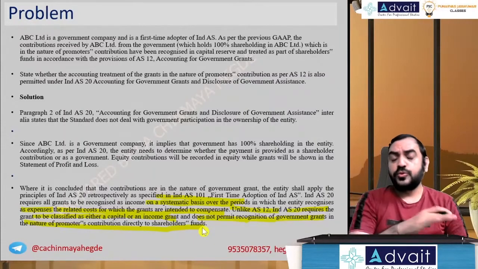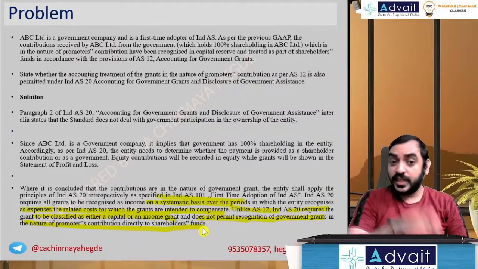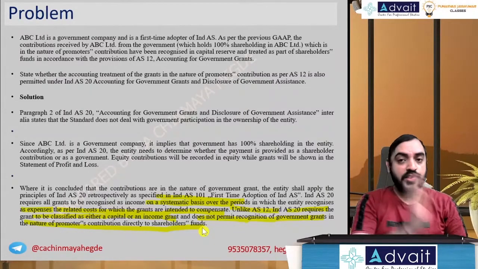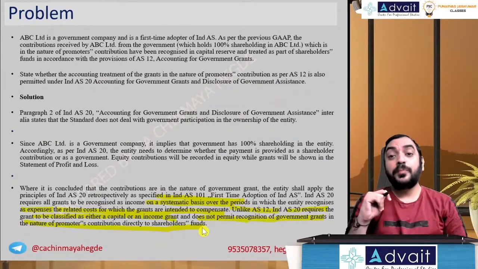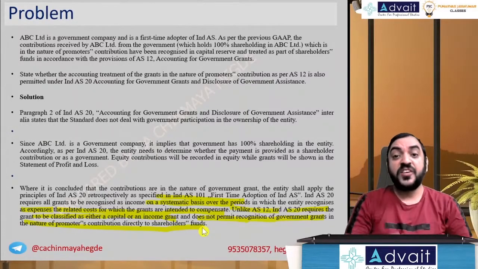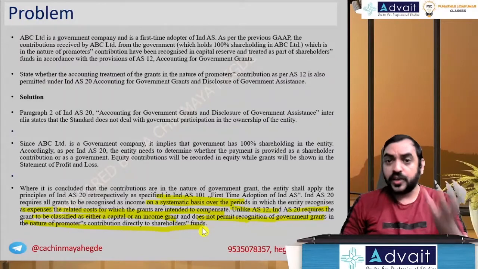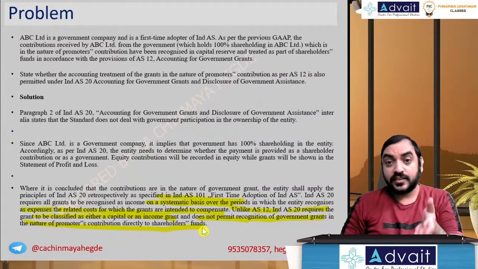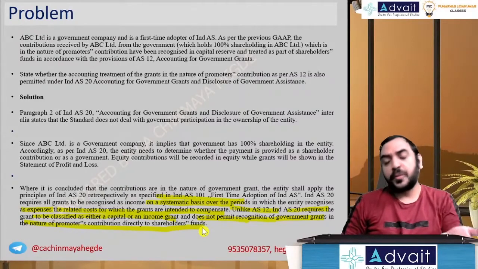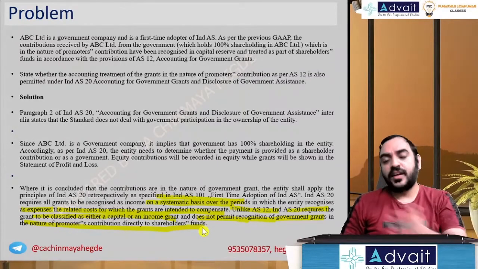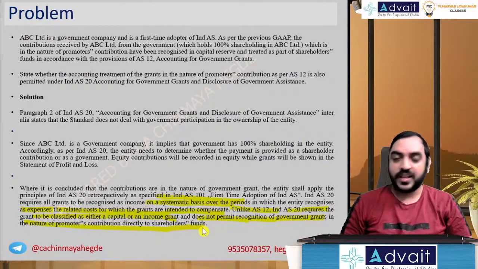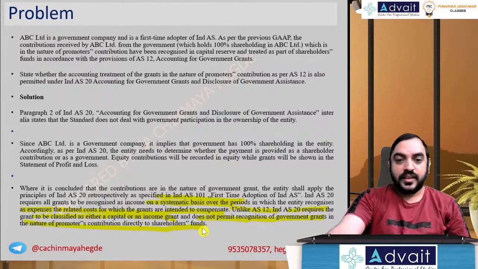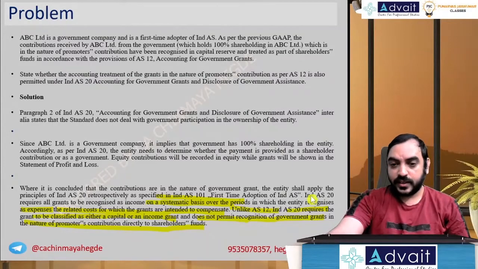You have to transfer it on some reasonable, systematic basis to the P&L account over the period of years in which the benefit is expected to be received, because the grant would be related to a particular purpose. If it is a grant, it is for a particular purpose, so that will hit the P&L account, and whenever that hits the P&L account, the grant should come to the P&L account too. So it's a straightforward one. Let's move forward.